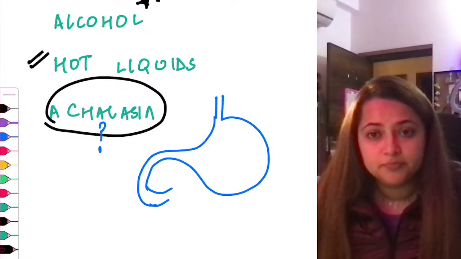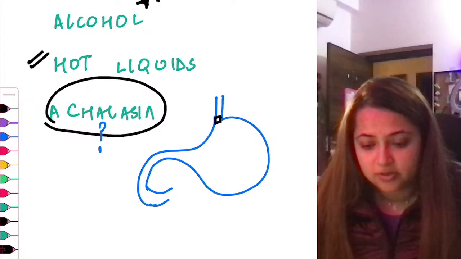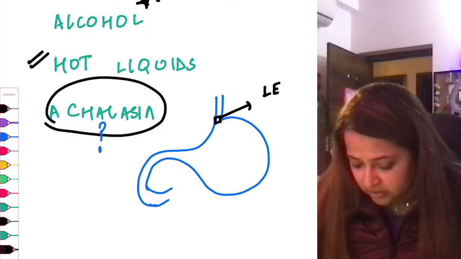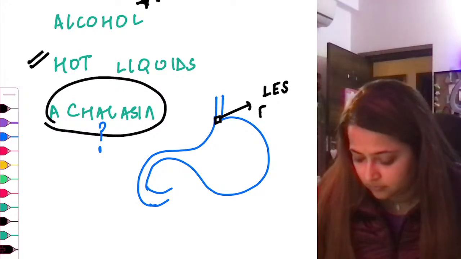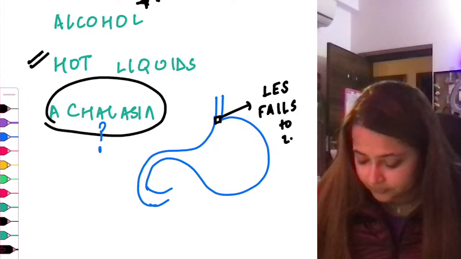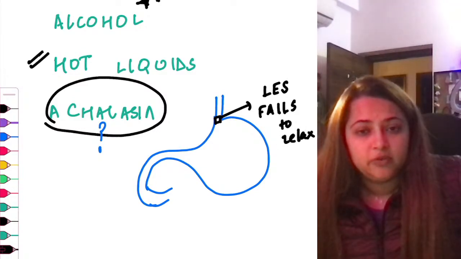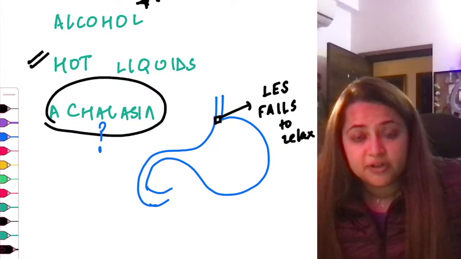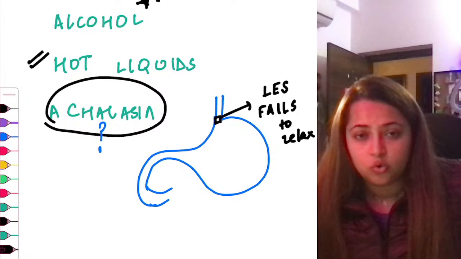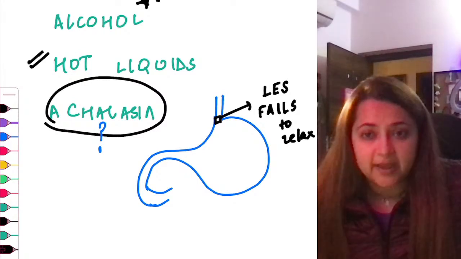The lower esophageal sphincter fails to relax. In GERD, what was happening? The lower esophageal sphincter tone was reduced. In achalasia, the lower esophageal sphincter's tone is very high. That means it is not going to relax.